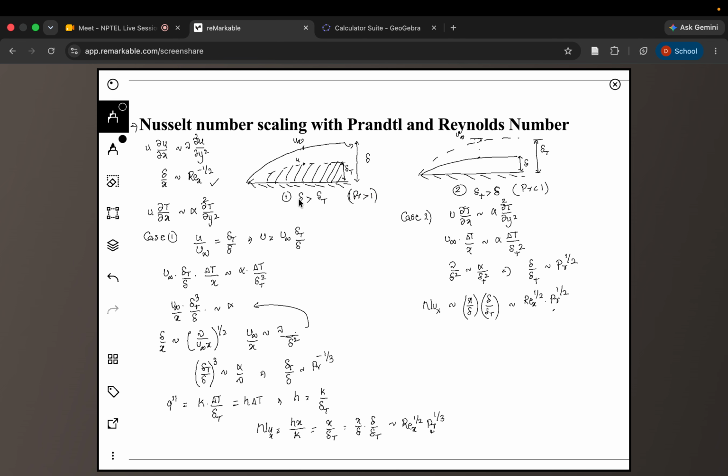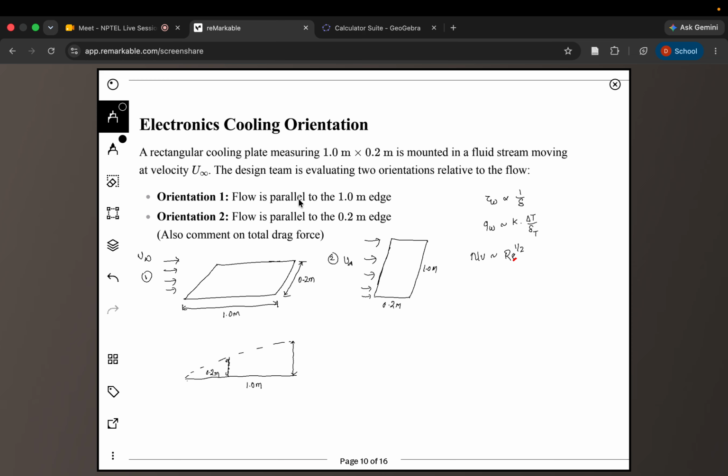They know that in one case, the characteristic length is 1 meter, and in the other case, it is 0.2 meter. So Nu1 by Nu2, case 1 by case 2, the proportionality constant is the same for both configurations, so you'll have Re1 by Re2 to the power half.